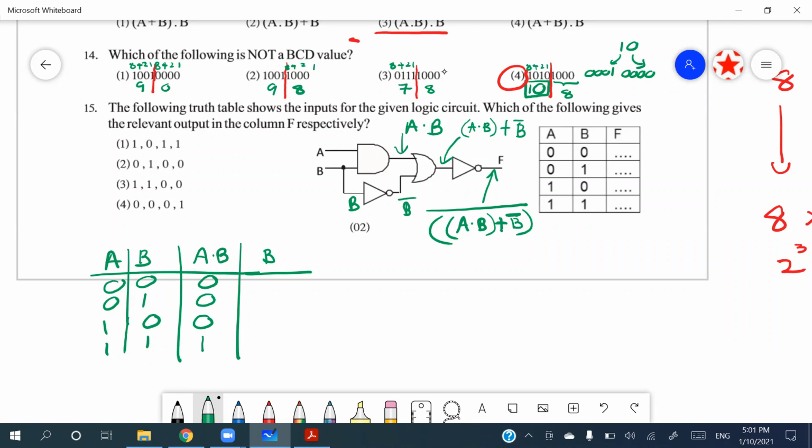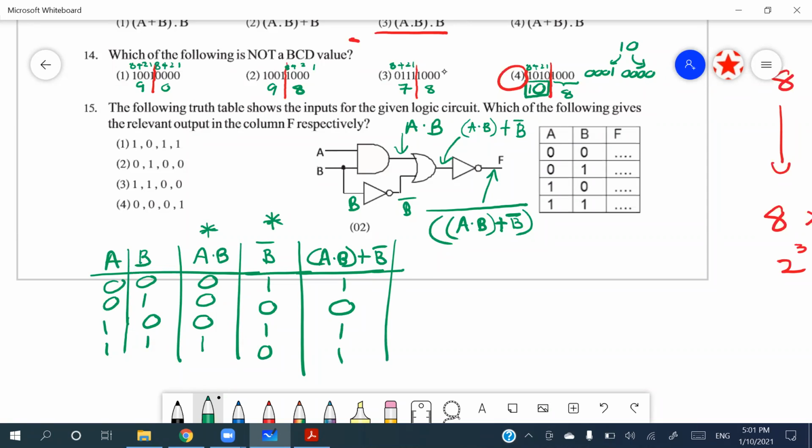So first you are going to create B bar. So it's 1, 0, 1, 0. Then you are going to make A dot B plus B bar by considering these two columns. So 0 plus 1 is 1, 0 plus 0 is 0, 0 plus 1 is 1, 1 plus 0 is 1.